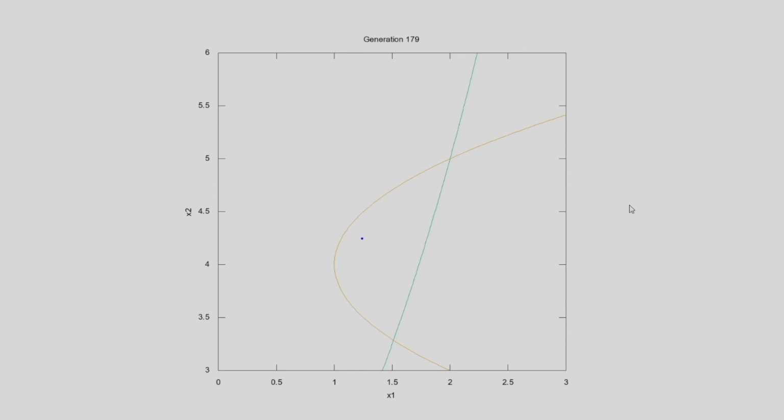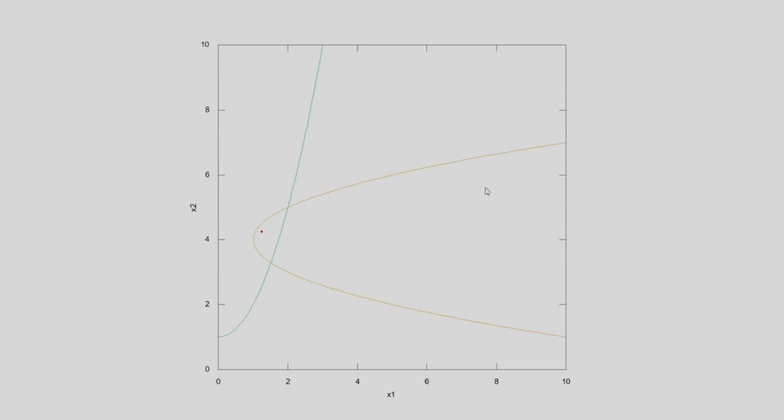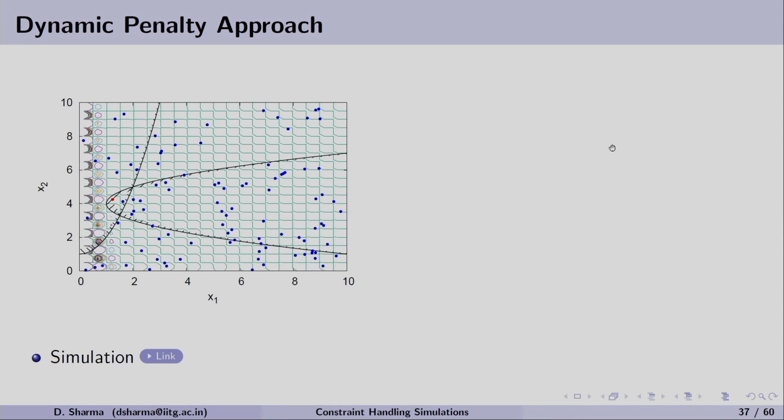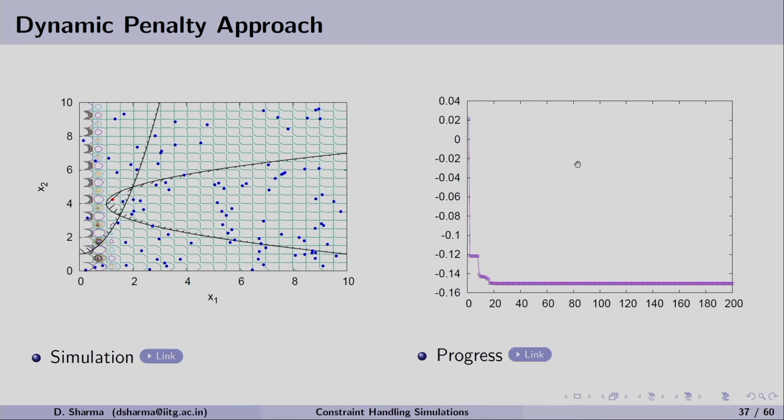So, let us wait till 200 generations are over just to make sure that there is no divergence of the solution from the optimum point. So, yes, we have seen that. Now, let us see the progress. Again, the x axis is the number of iterations, and the y axis is the best fitness.